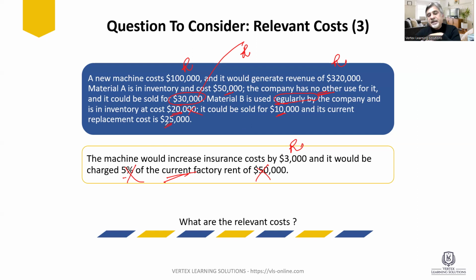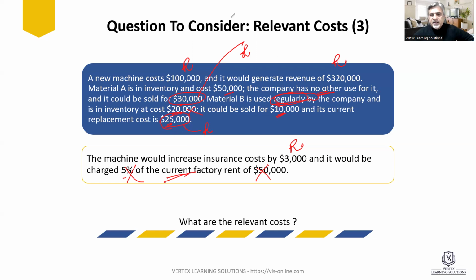So here I will take 25,000. Although it could be sold for 10,000, the thing is that I'm using it regularly. Why would I sell it in the market to someone for 10,000? If I take it from my inventory, I have to replace it because I use it regularly. So I need to buy it from the market and the market price is 25. So 25 is relevant.